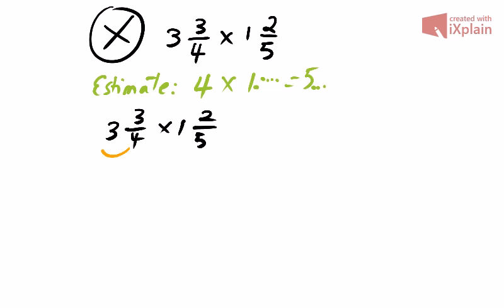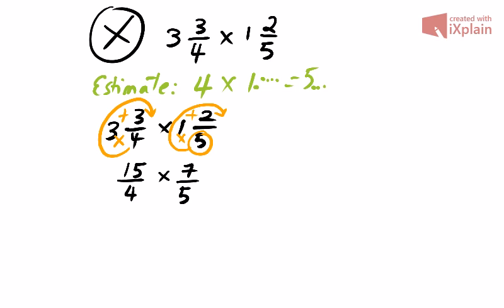So we go clockwise: multiply first, 3 4s are 12, add after that, 12 plus 3, 15. 15 fourths or 15 quarters. Do exactly the same to the other fraction, start from the bottom: 5 times 1 is 5, plus 2, 7. So we have 7/5.